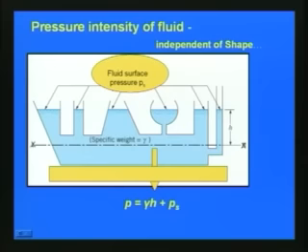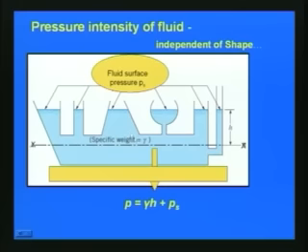With respect to this, if we consider the pressure intensity of fluid for various shapes, you can see in this slide that the shapes vary: here rectangular, then circular, then conical, different shapes. Now if you consider a line xs like this at a height h, the fluid pressure on the surface of the water is, say, Ps.